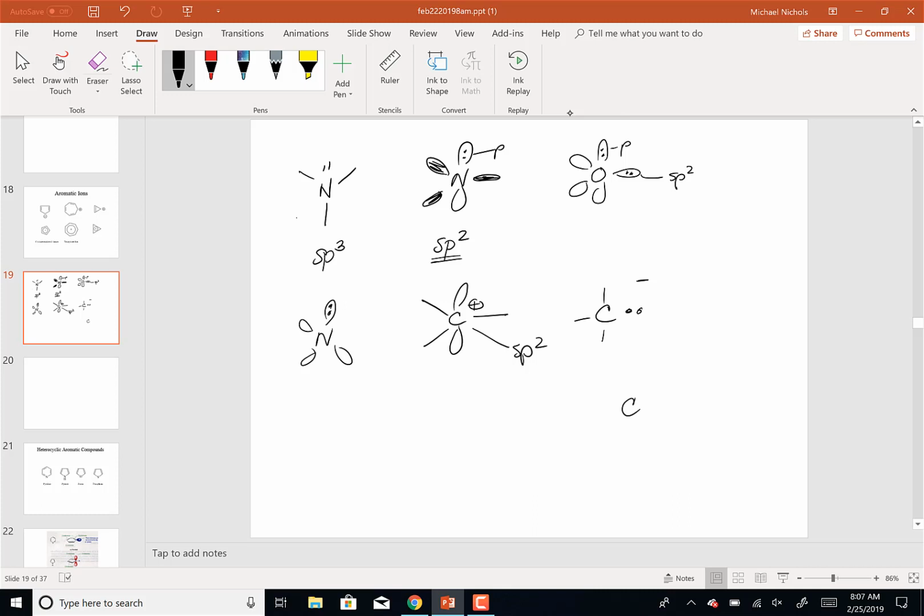Carbon could either be sp3 hybridized, where it would put its lone pair into an sp3 hybrid orbital, or carbon could put its lone pair into a p orbital, and the carbanion could go into an sp2 hybridized state. So this carbanion can either go here or it can go here.